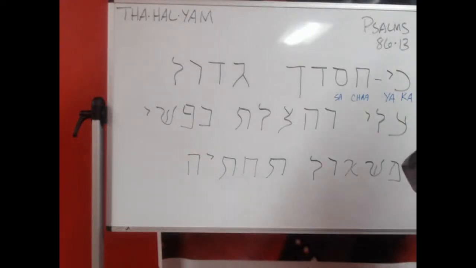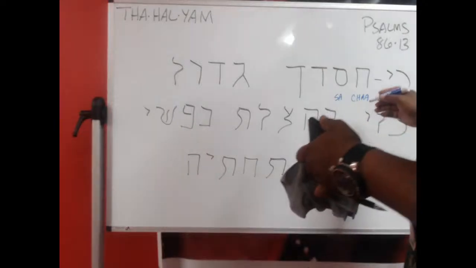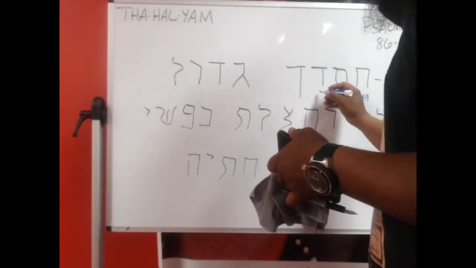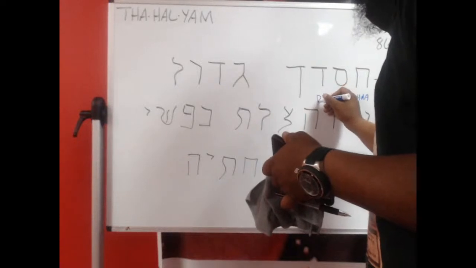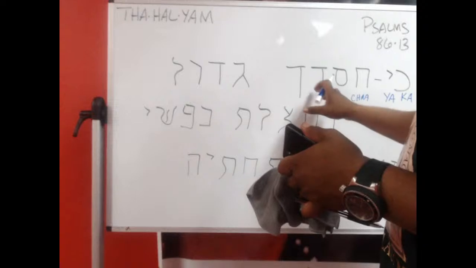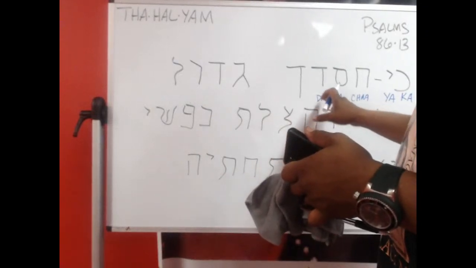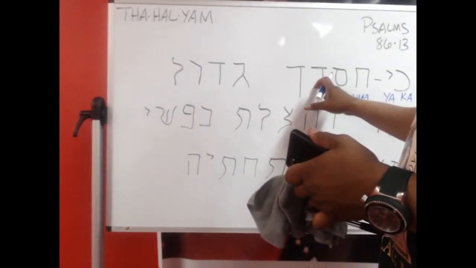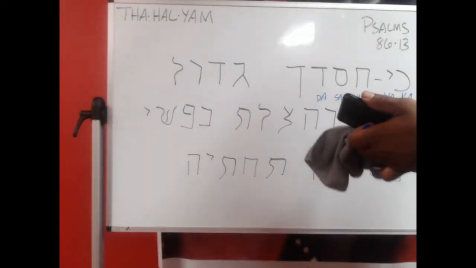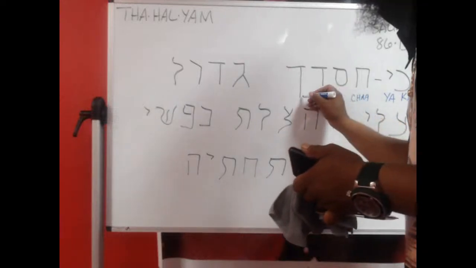We got to take a look at the alphabet. We got Ka, Ya, Ka, Sa, then Da. There we go. And then the next one is? Okay. We have Da. And then our last one is going to be Ka. No sweat.